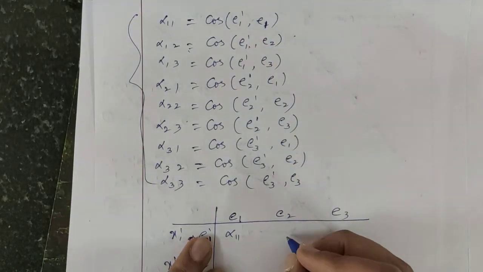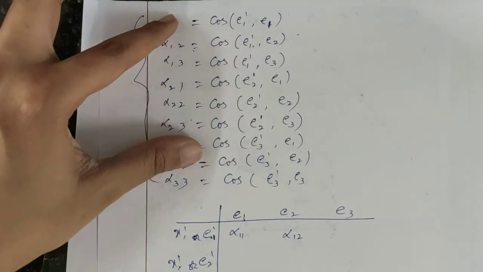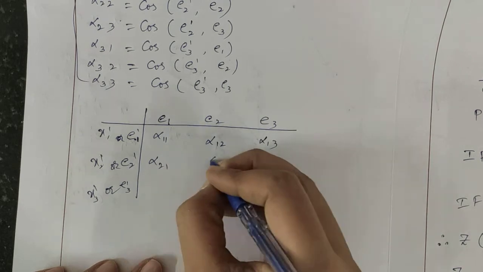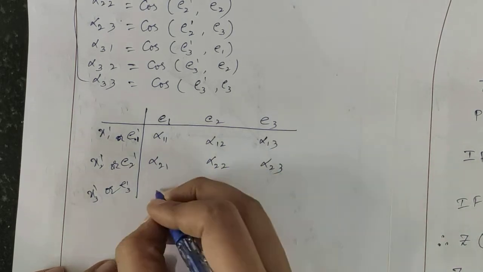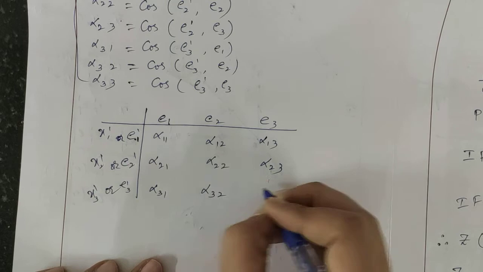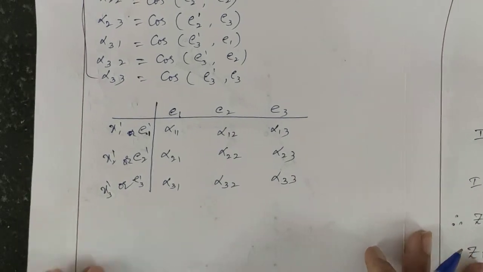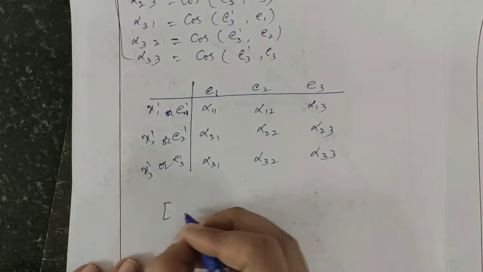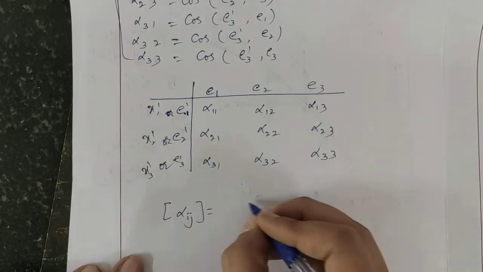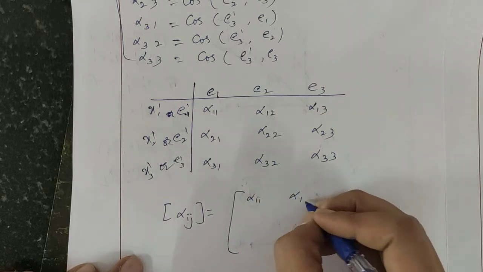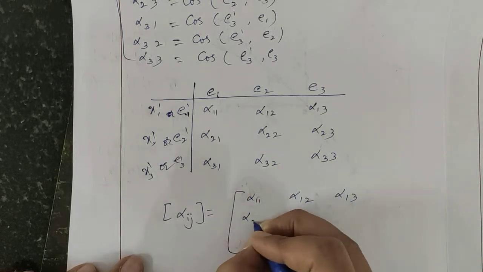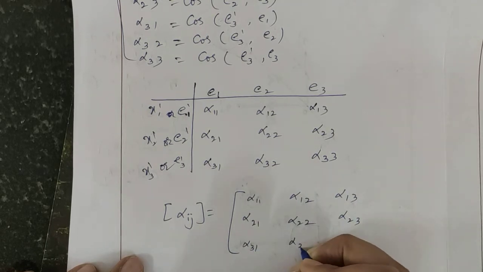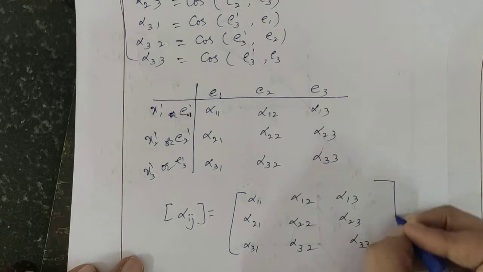It is alpha 12. So using this list, I can tabulate it as alpha 13, alpha 21, alpha 22, alpha 23, alpha 31, alpha 32, alpha 33. So in matrix notation, we can write the whole thing as alpha ij is equal to alpha 11, alpha 12, alpha 13, alpha 21, alpha 22, alpha 23, alpha 31, alpha 32, alpha 33.